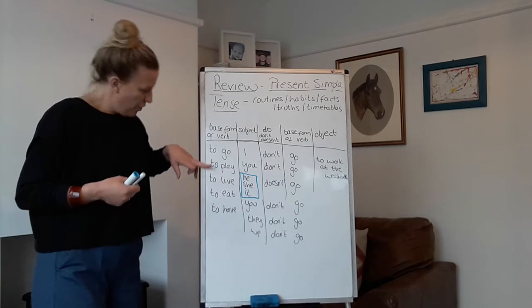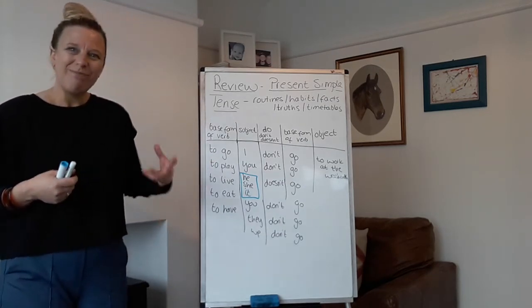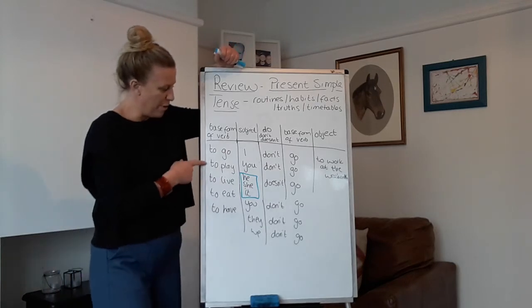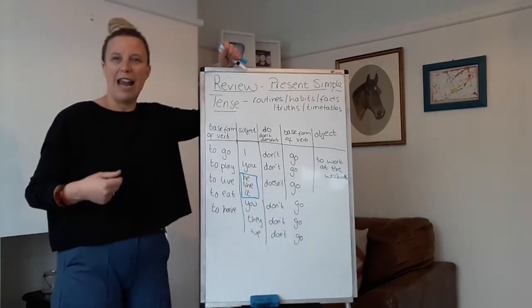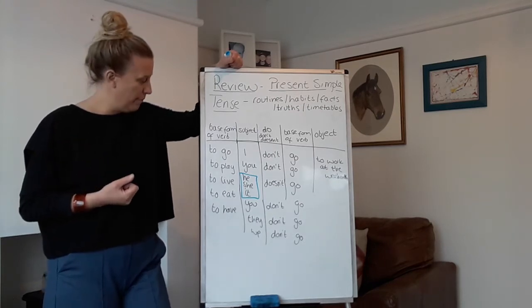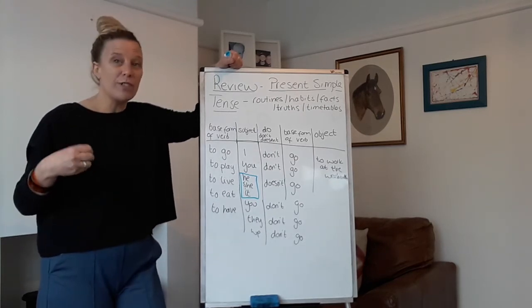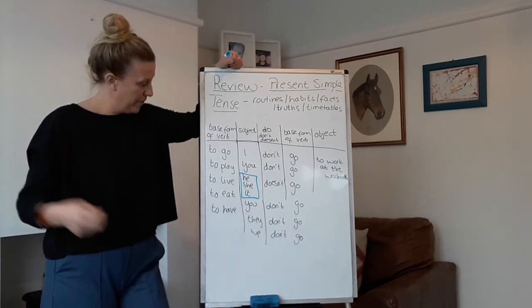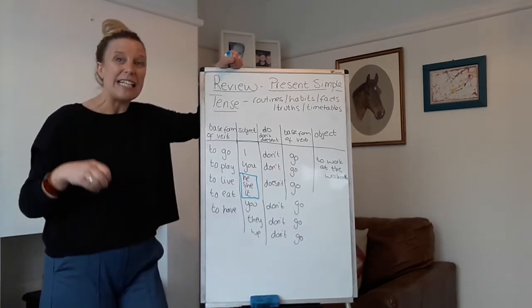So with most of our verbs, we add that do in before. So with play, I don't play football. He doesn't play football. Live, I don't live in London. He doesn't live in London. Eat, I don't eat meat.